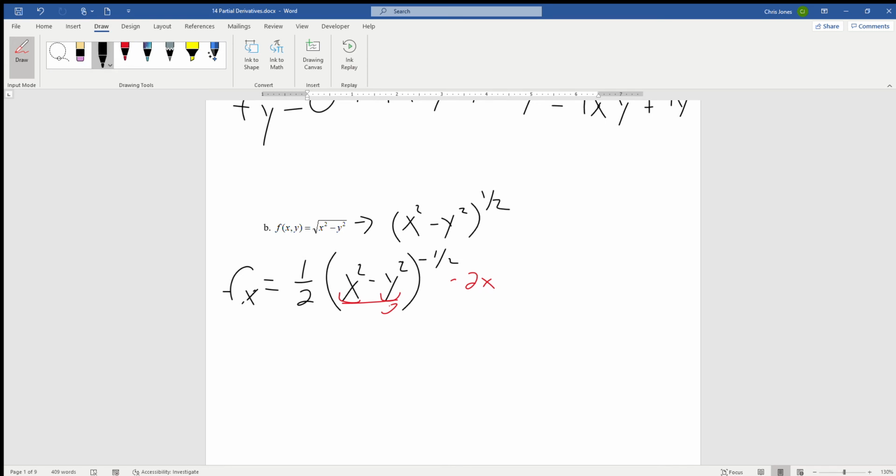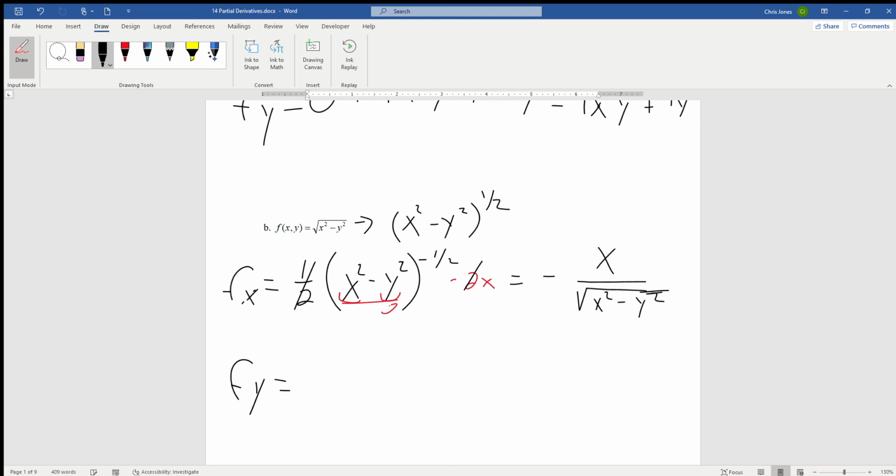And if we just put this back together, we know that the 2 and the 1/2 are inverses of one another. They're going to cancel. And another way to write this is negative x divided by the square root of x squared minus y squared. All right, just by rewriting it back into the form, taking the negative 1/2, moving it to the denominator, etc.